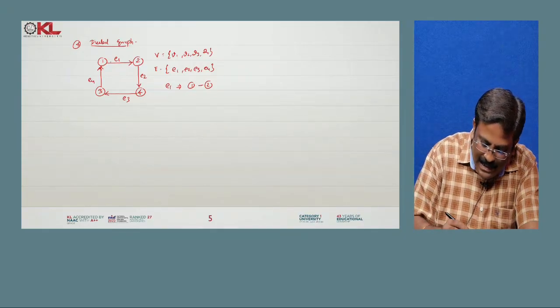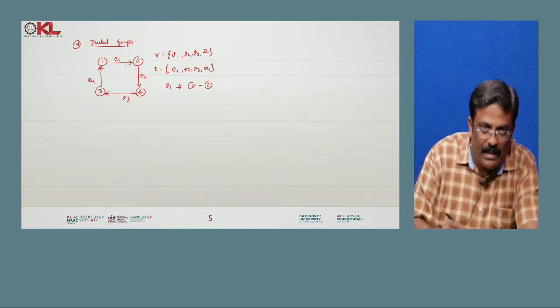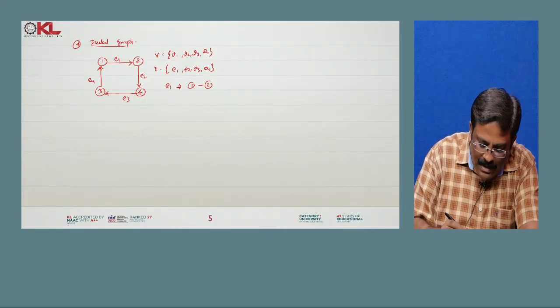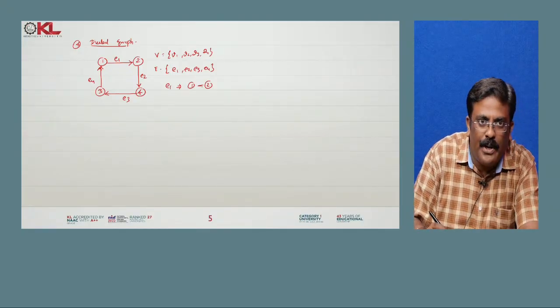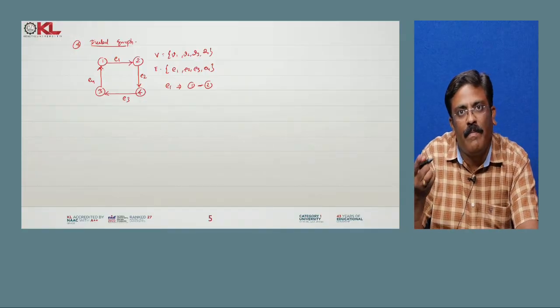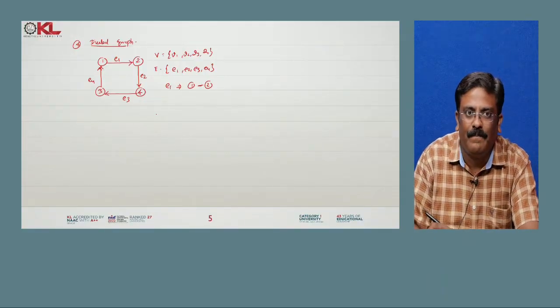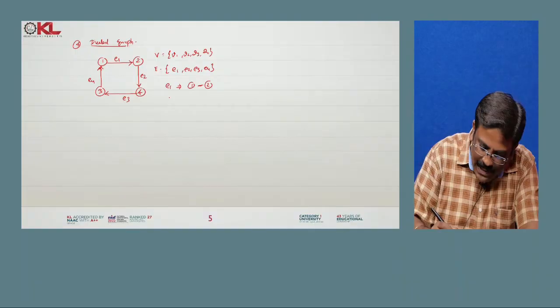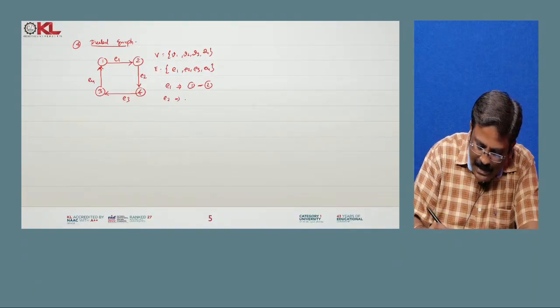This direction says that this edge exists between 1 and 2 only in the direction of moving from 1 to 2, not from 2 to 1. Same way, E2 is moving in the direction of 2 to 4.